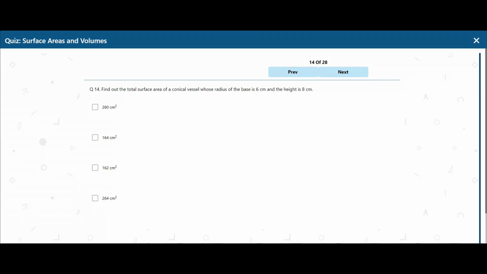TSA of cone. You have to find L first. How much did you get for L? 28, ma'am. No. 6 squared plus 8 squared. 10, ma'am. That is 10. So pi r into (r plus L) you do.